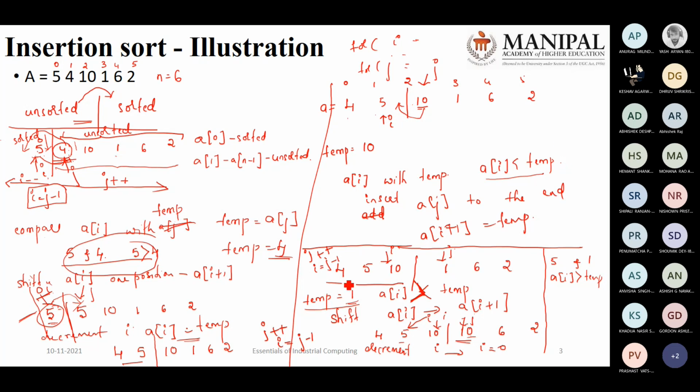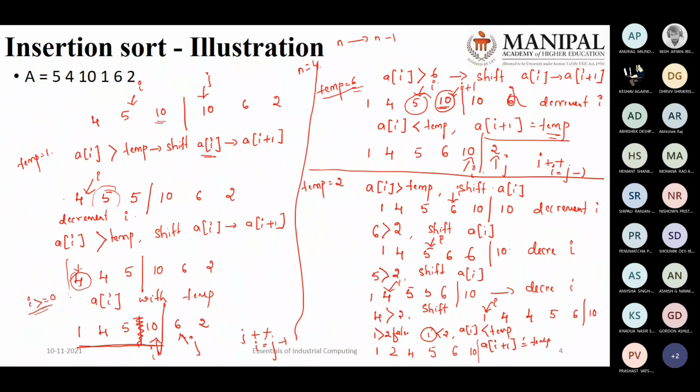When the elements in the sorted list is 3, the maximum number of comparisons is again 3, and so on. It is basically the number of elements in the sorted list. So the outer loop is n minus 1 times, because of the number of passes.